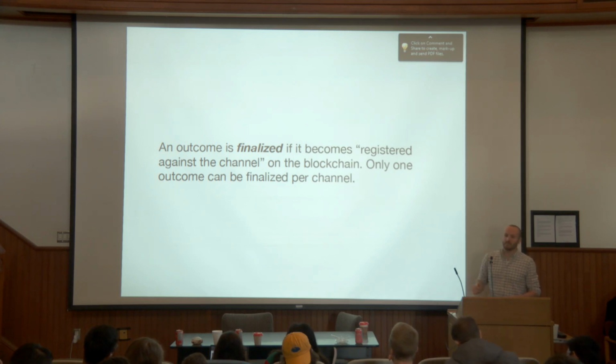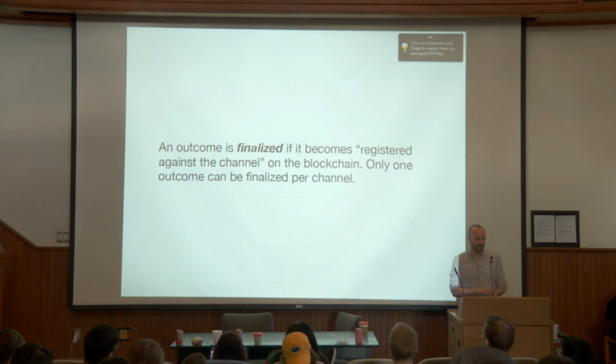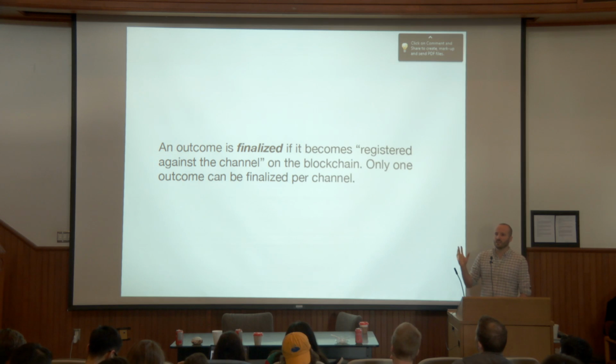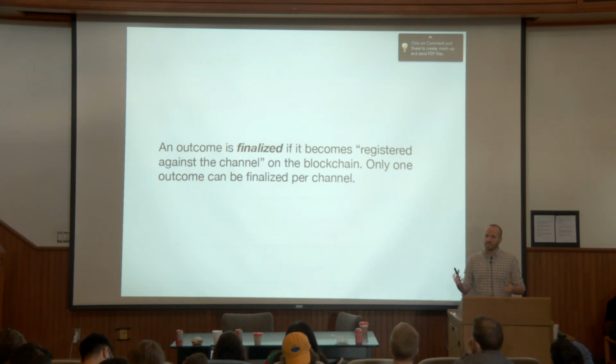I've already said this a bit, but an outcome becomes finalized when it becomes registered against the channel on the blockchain, and only one outcome can be finalized per channel. Registered against the channel is a bit of a vague term, but something like this seems to exist in all state channel frameworks. There needs to be some way of saying, this is what happened in this channel.